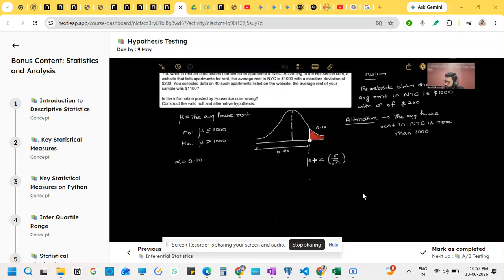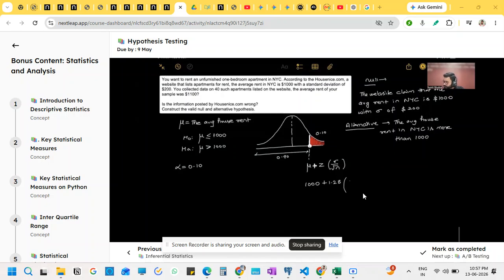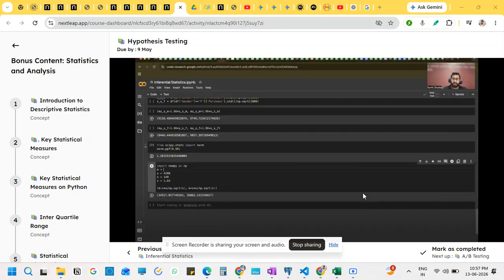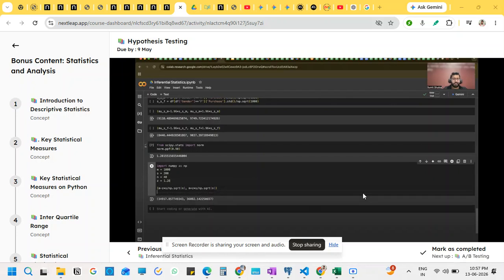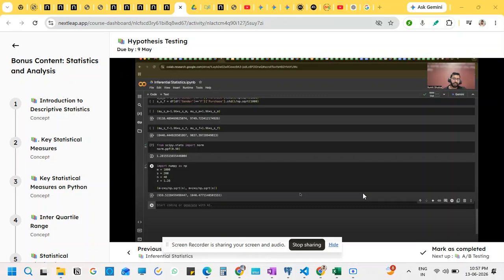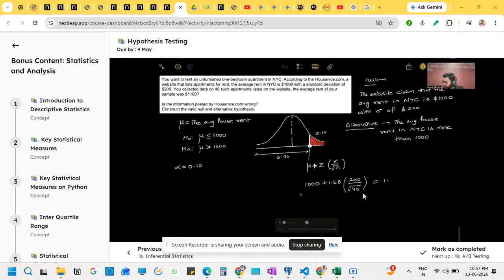So my mean is 1000 plus 1.28 times sigma. Now sigma is 200 divided by root of 40. Let's solve this. So mean is 1000, sigma is 200, n is 40, and this is 1.28. And I only need the higher value, so I'll not focus on the lower value. So the higher value is 1040.4.